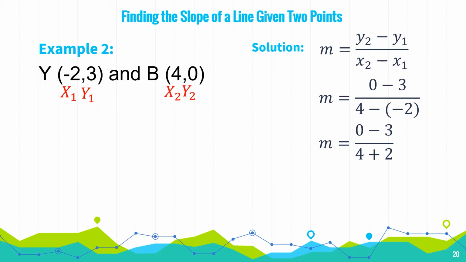So we have 0 minus 3 over 4 plus 2, since negative times negative is positive. We now have 0 minus 3 is negative 3 and 4 plus 2 is 6. Negative 3 divided by 6 is equal to negative 1/2. Therefore, the slope is negative 1/2.